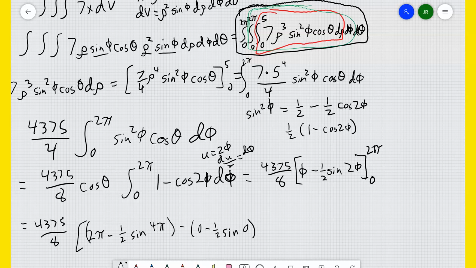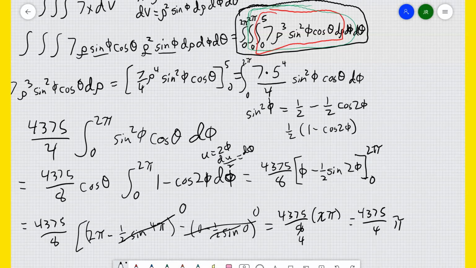Sine of 0 is 0, so that whole thing is just 0. Sine of 4 pi, that's all the way back around to 0 again, so that's also 0. So that term becomes 0, and it's just 2 pi then. That's a nice little simplification. So it's 4375 over 8 times 2 pi, and the 2 can cancel and become 4. So it's just 4375 over 4 pi. That is the second integral.